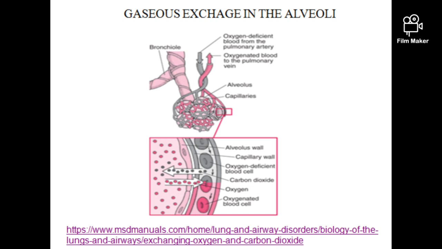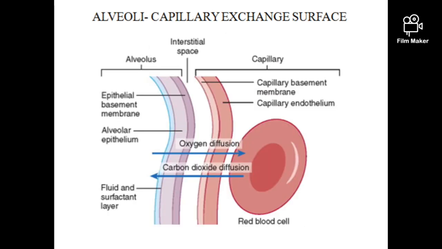So, in this picture we shall see that the left side is the alveoli and the right side is the capillary, and gases from the alveoli, that is oxygen from the alveoli, diffuse through this alveolar and capillary membrane into the blood vessel, and carbon dioxide, which is rich in the incoming blood, diffuses back into the alveoli through the same mechanism.